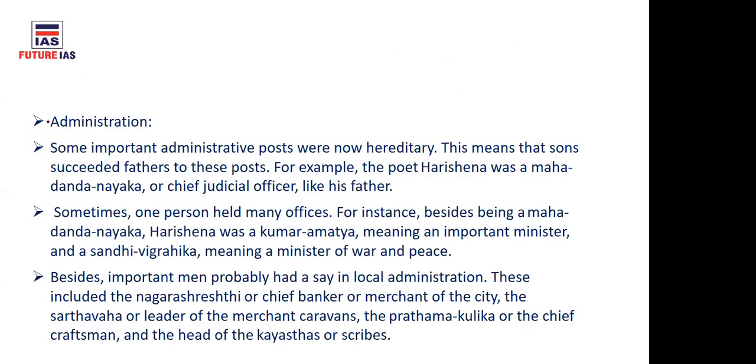Now let's begin with the administrative perspective. For that, the king took steps related to close association with those persons. How would you ensure that these persons would be closely associated with the king? The king started offering some administrative posts, and these posts offered by the kings became increasingly hereditary.